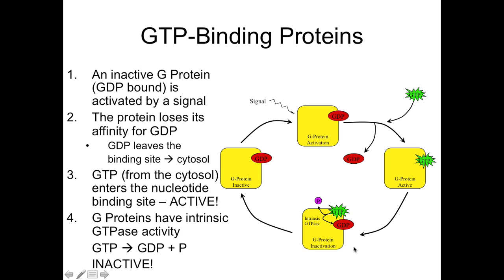Now, the protein itself, usually, sometimes something else has to work on it, but most of the time, these GTP binding proteins have intrinsic GTPase activity. A GTPase means that it's an enzyme that hydrolyzes GTP. So intrinsic means that the protein has it itself.